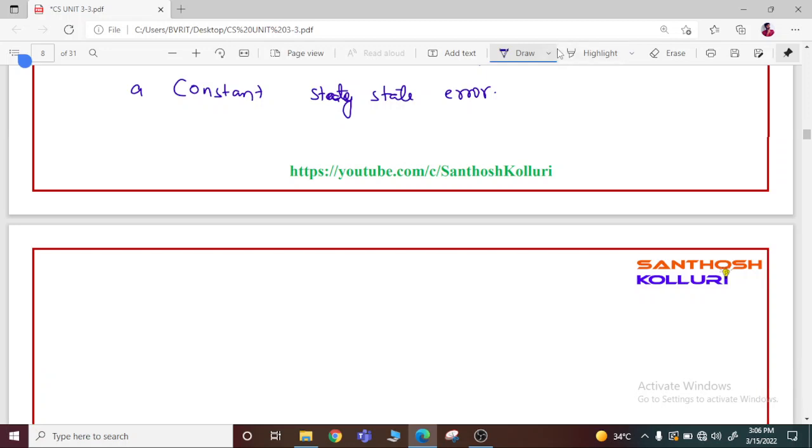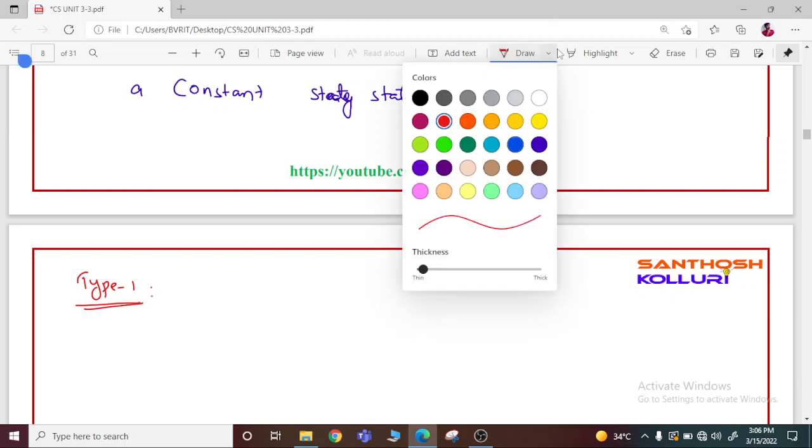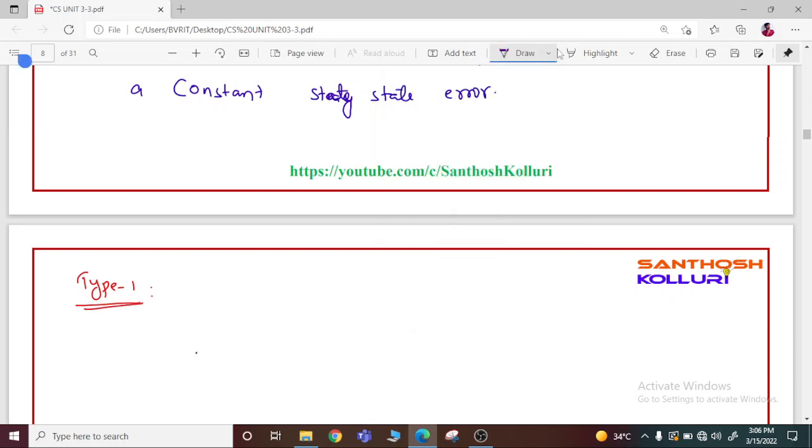So if we take a type 1 system, then Kp is nothing but limit s tends to 0 of G(s) into H(s), same formula I am using.